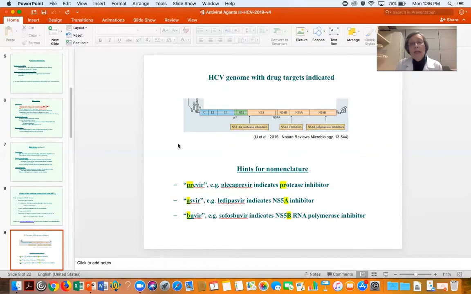So there's kind of a hint that you can use to determine the activity of a given drug from the name of the drug. So if it ends in -previr, such as glecaprevir, it's a protease inhibitor. -asvir, such as ledipasvir, it's an NS5A inhibitor. -buvir, such as sofosbuvir, is an NS5B or RNA polymerase inhibitor. So we have 3 targets.